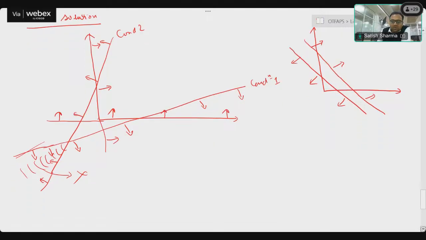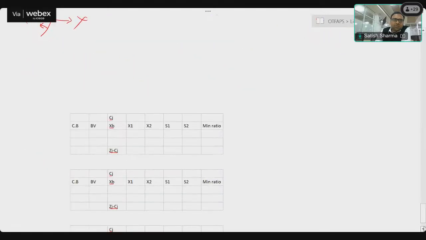Sometimes a problem is such that you get a single solution as well, that the constraints are in such a way that there is no feasible region, only a point which satisfies the whole condition. So single solution, and whatever that solution is, whether it is minima or maxima, it doesn't matter, that will be our solution.